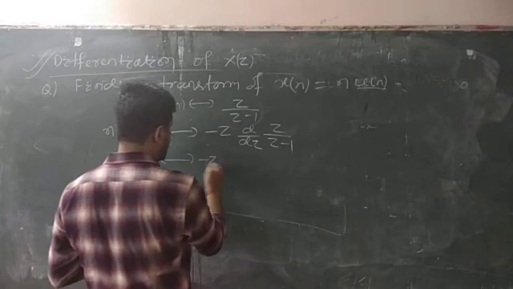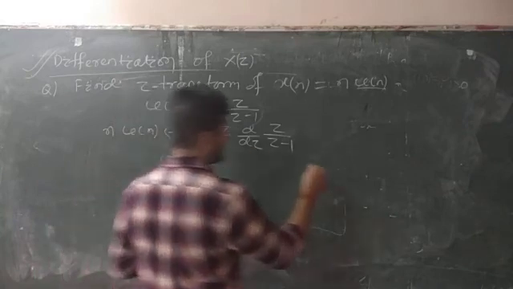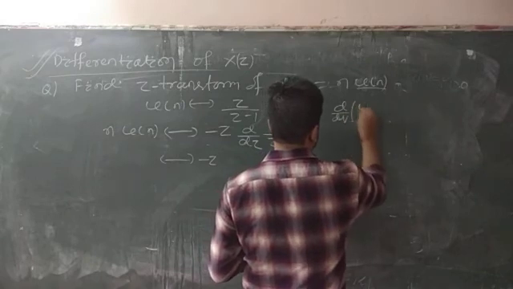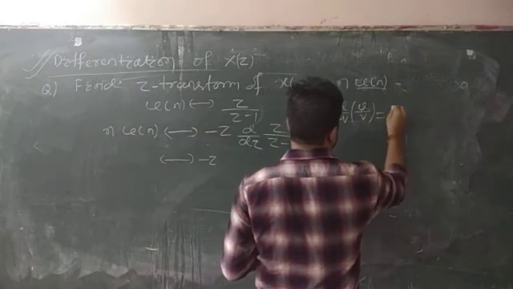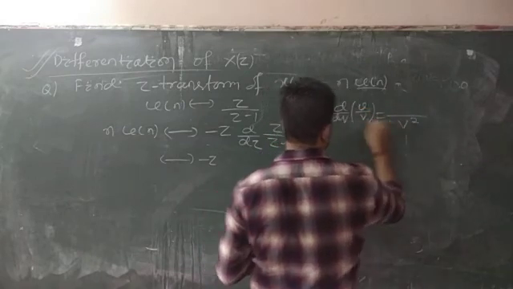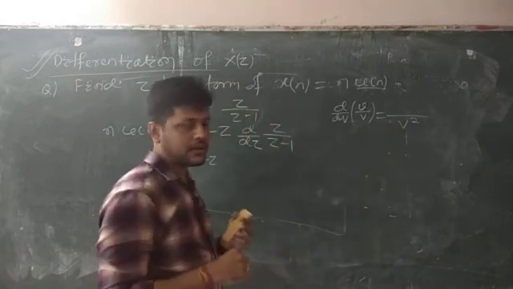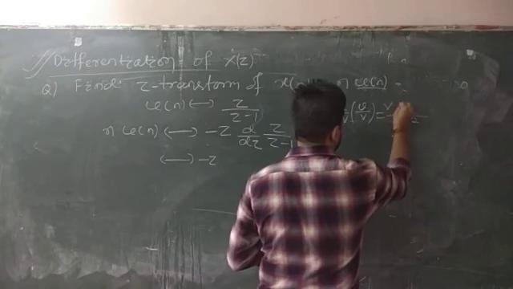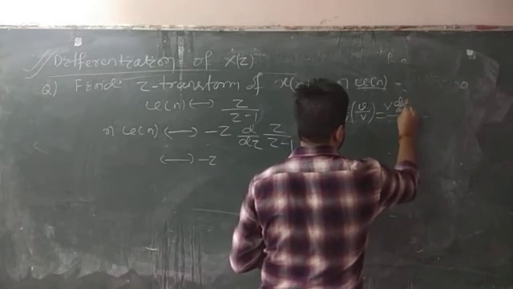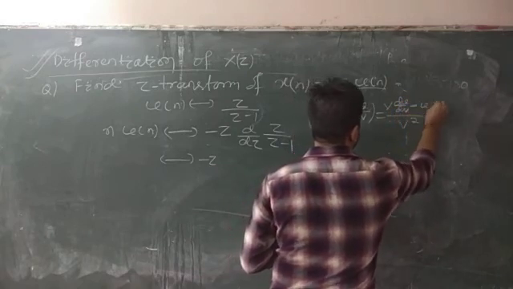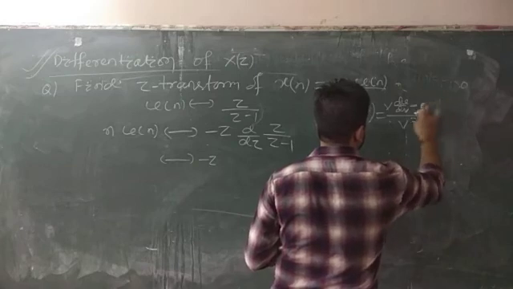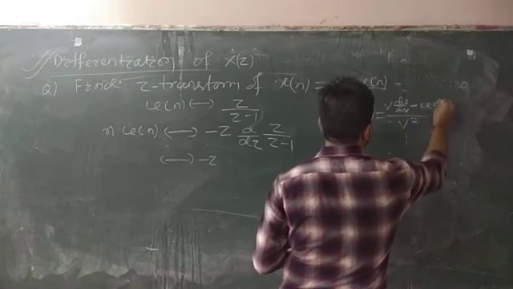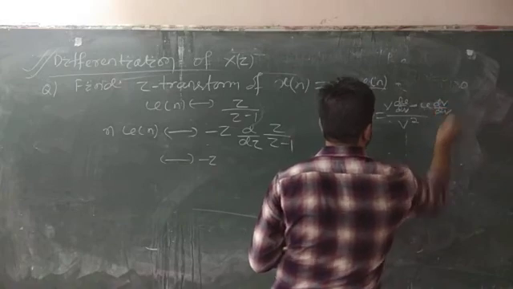So minus z. When you apply this, you already know the derivative of u by v. Whatever is present in the denominator, we write as v square. Then you take v times the derivative of u with respect to z, minus u times the derivative of v.